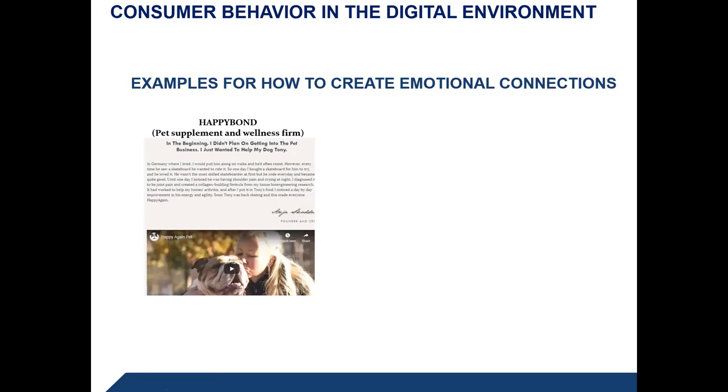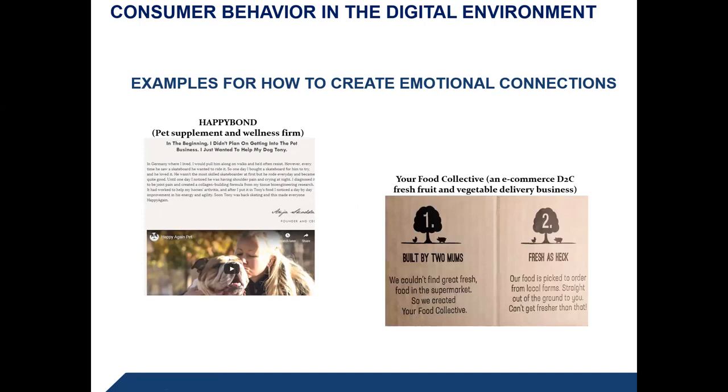Emotional connections you also see in the pet food categories, and in NGOs that are advertising for a cause and getting consumers to donate. A lot of emotional connections are being generated when firms are advertising supermarket products or other product categories where they are talking about sustainability and climate change.